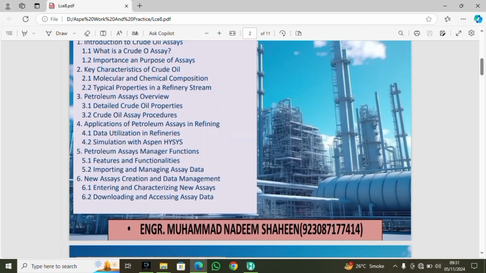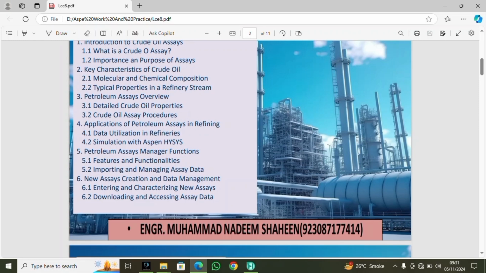Fourth is application of petroleum assays in refining, in which we will discuss data utilization in refineries and, very importantly, simulation with ASPEN HYSYS. Fifth is petroleum assays manager functions, covering features and functionalities, and importing and managing assays data.